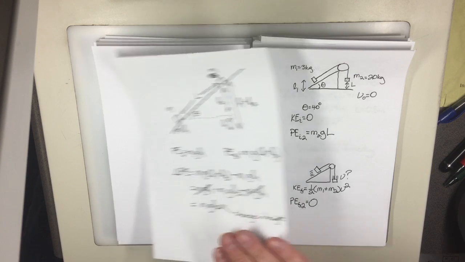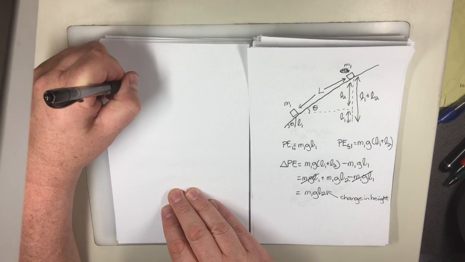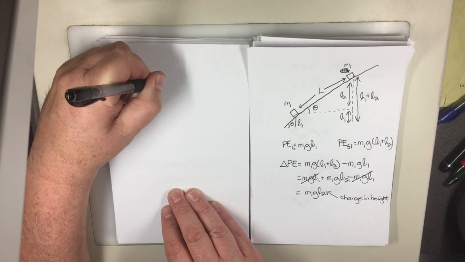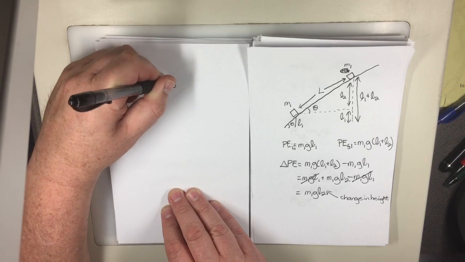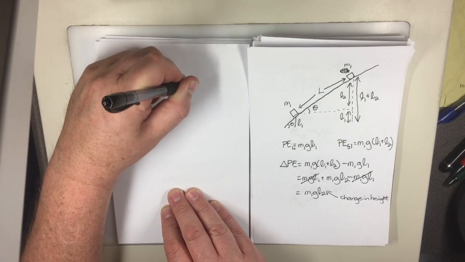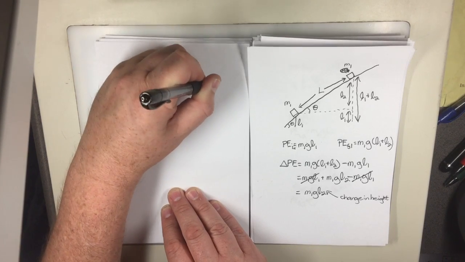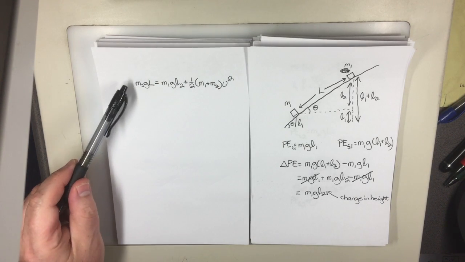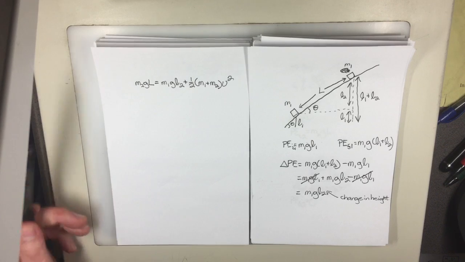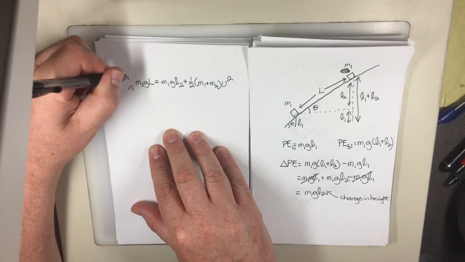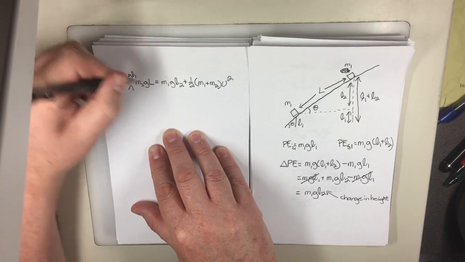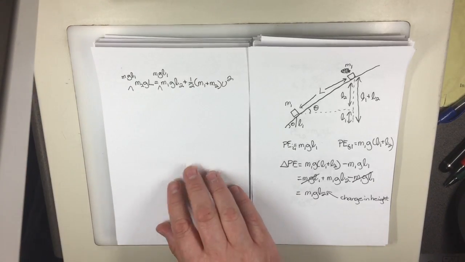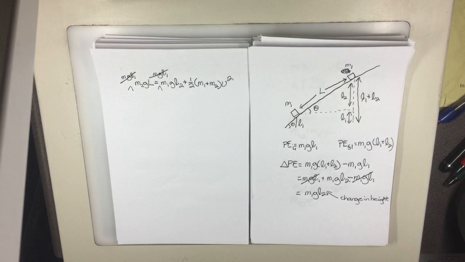So when we're putting all of these things together, now technically there could be an M1gL1 over here, and an M1gL1 over here. But they cancel each other out.